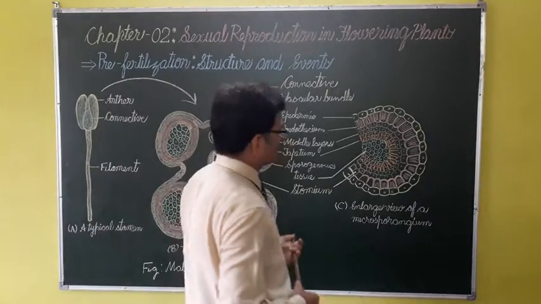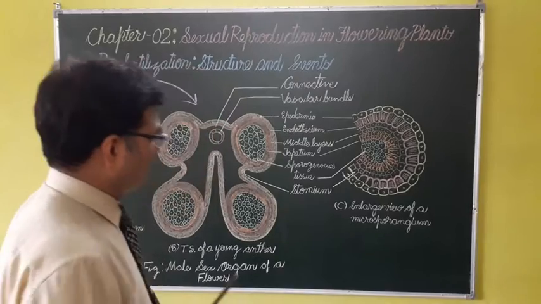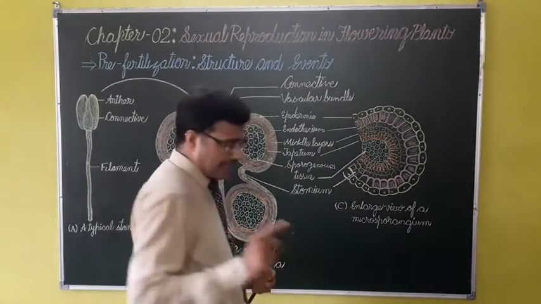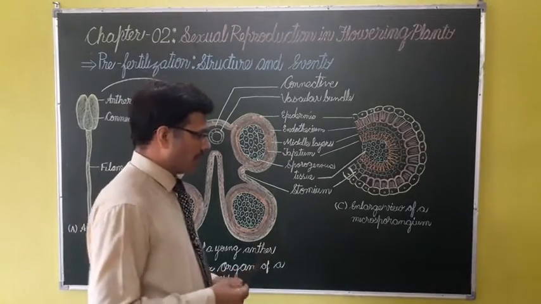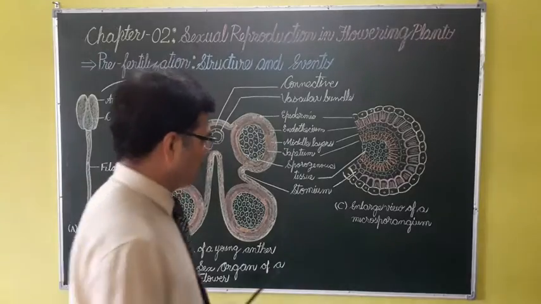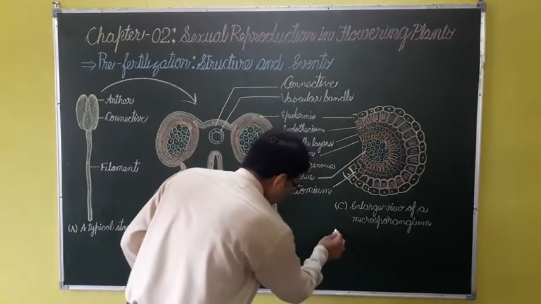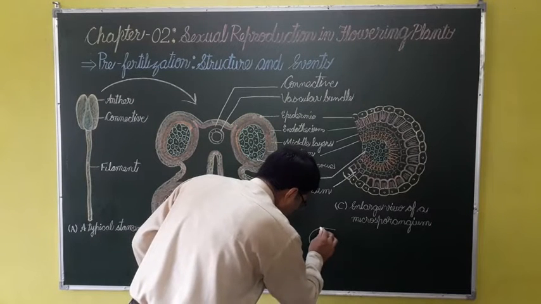Now, students, just try to understand, when anther is in its initial stage, it is a mass of parenchymatous cells somewhat round like this. Not round, it is oval.